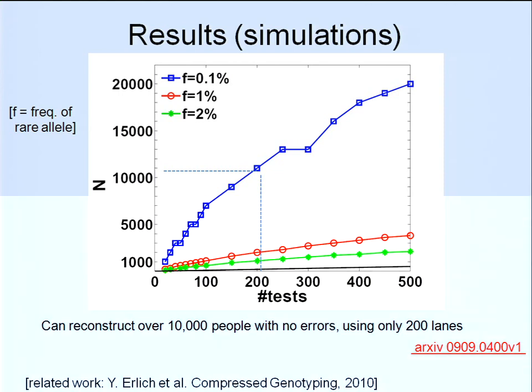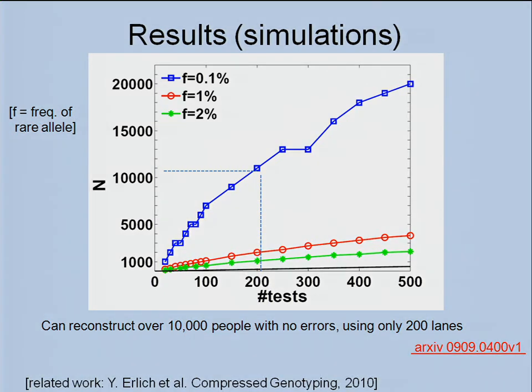The second measure is the number of people you're going to profile, so the population size. Here, we can profile 10,000 people with the lane; the length corresponds to a certain pool.